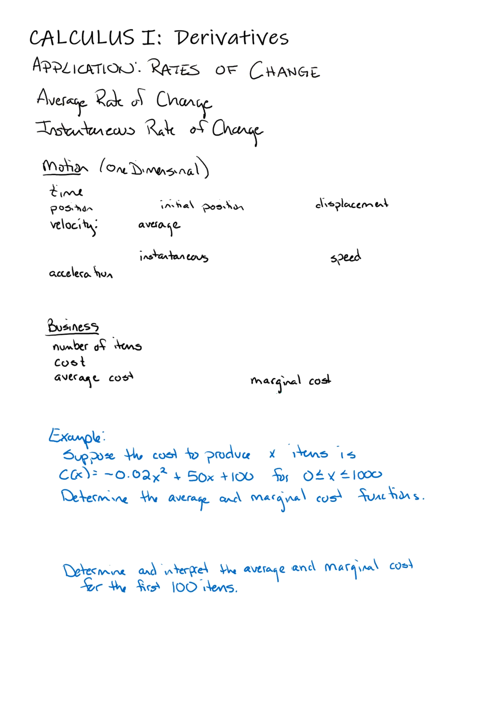So there are two contexts in which we can look at rate of change. One is motion, and this is specifically one-dimensional motion. If we let time be the variable t, then the position function, the position at any time, is a function of t. We'll call that position s. The initial position we often denote as s subscript 0, and that is simply the s function evaluated at 0.